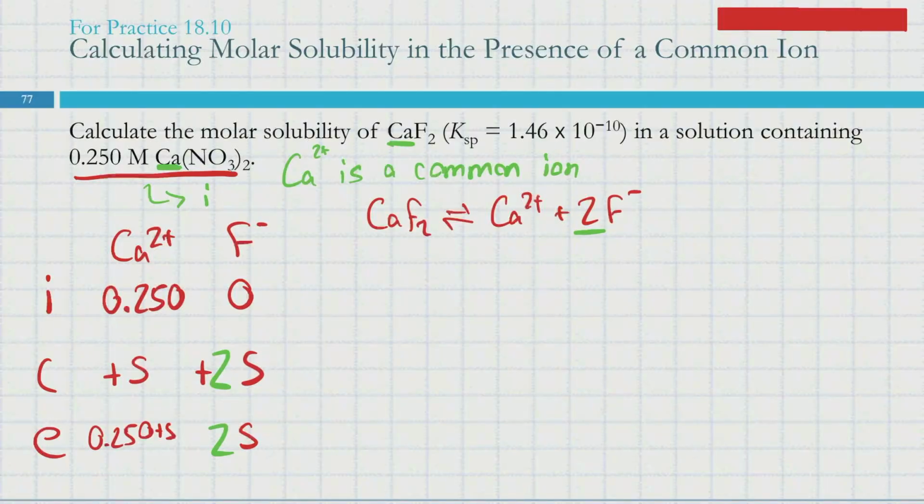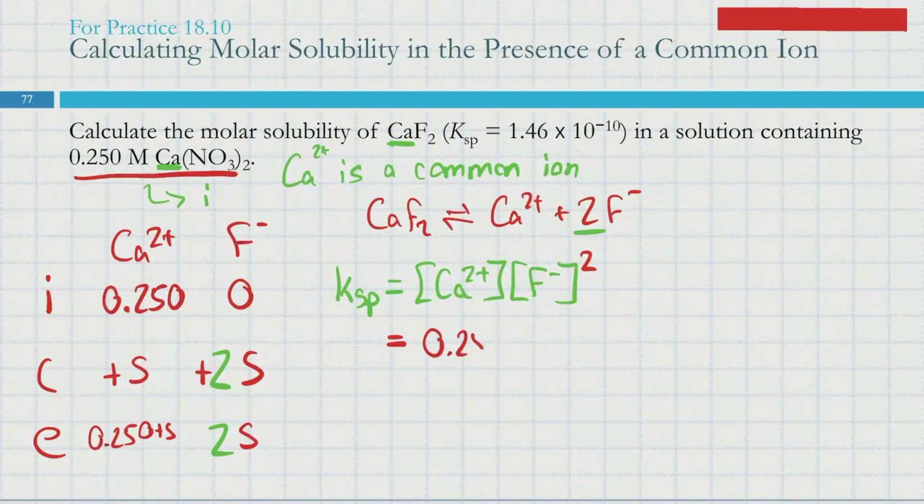And we need to write out a KSP expression, solubility product constant expression. Concentration of calcium ion times concentration of the fluoride ion squared. You tracking? Okay. So we'll plug in our equilibrium values for the KSP here. So 0.250 plus S for our concentration of calcium, and then for our concentration of fluoride, 2S, and that whole thing is squared.